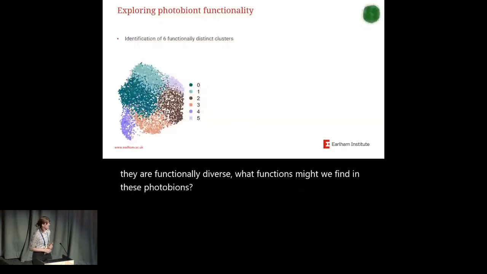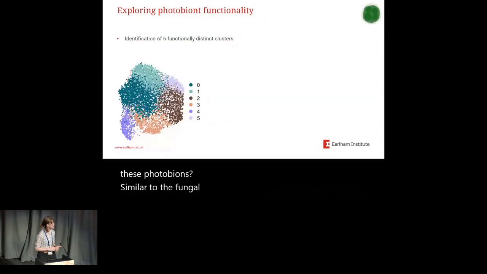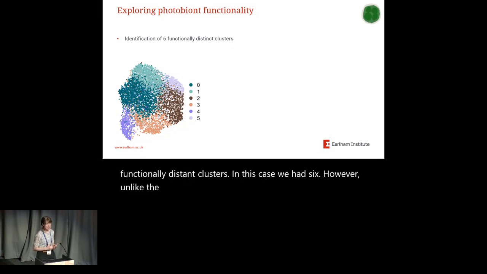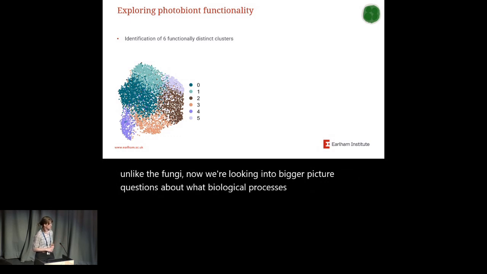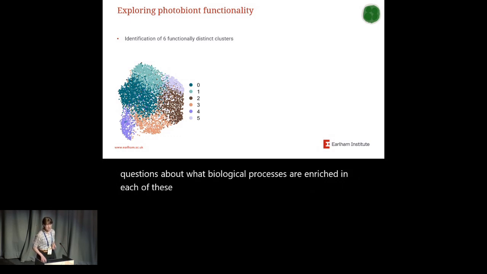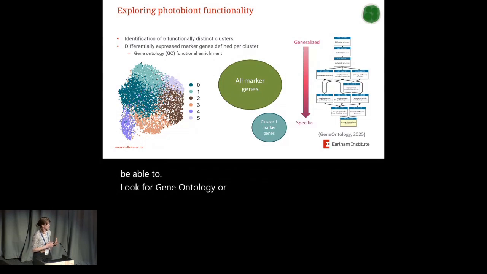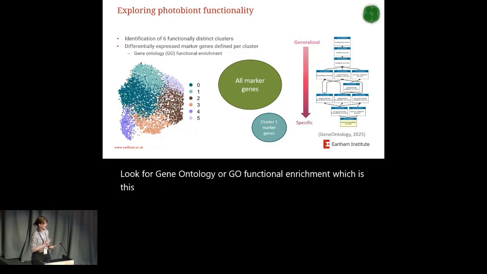Similar to the fungal cells, we generated our functionally distinct clusters. In this case, we had 6. However, unlike the fungi, we're now looking into bigger picture questions about what biological processes are enriched in each of these clusters. To do this, we've been looking at differentially expressed genes that are cluster specific to look for gene ontology, or GO, functional enrichment, which is a hierarchical classification of the various types of processes.